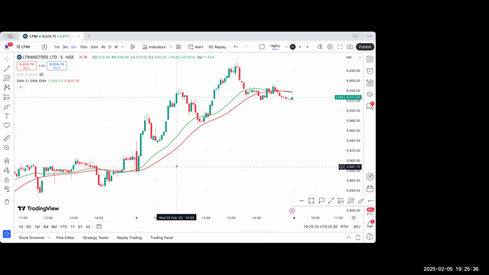Let me also open and see what time I had given that trade in the morning. See, I gave the trade at exactly 9:27 a.m., correct?